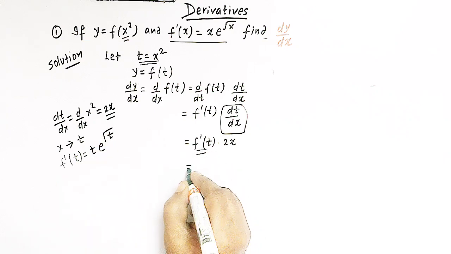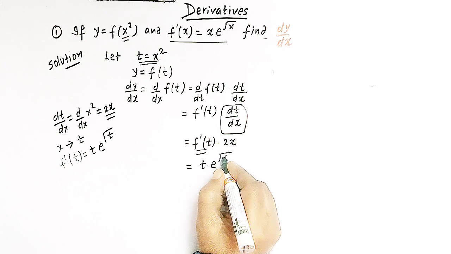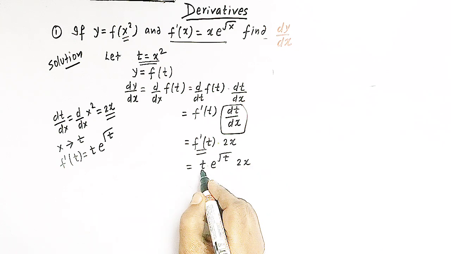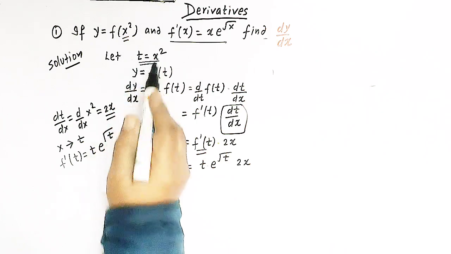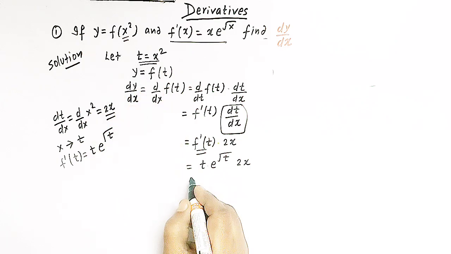So here we can now write t times e raised to square root of t, and here we have 2x, right? So now we have already assumed that t is equal to x square. So let us resubstitute here t is equal to x square.